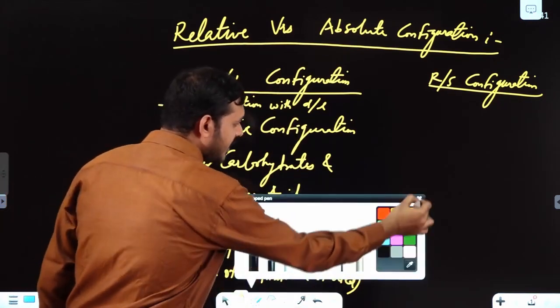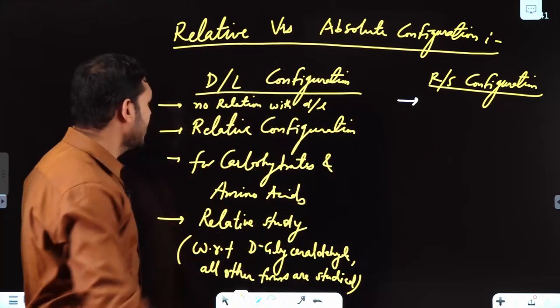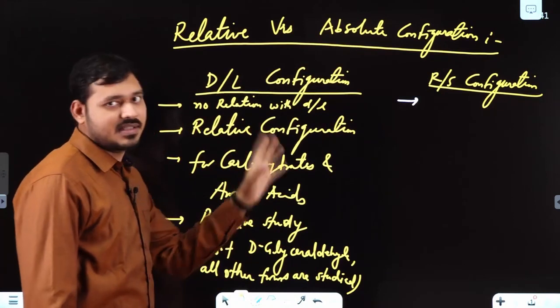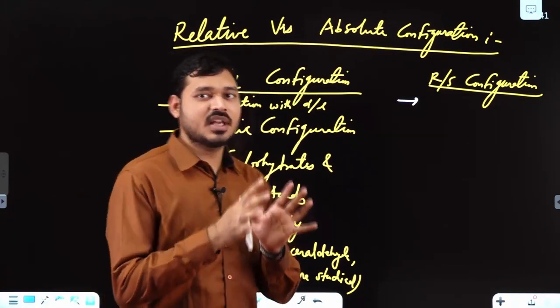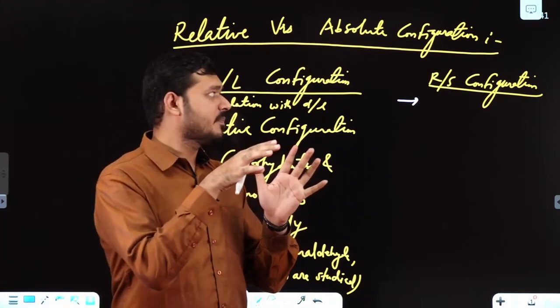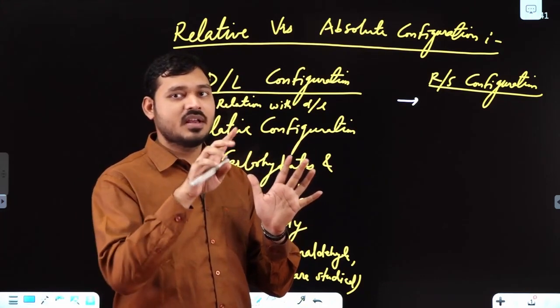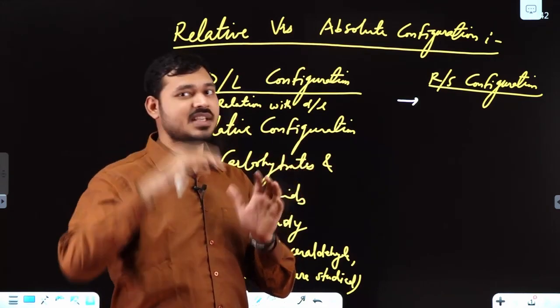What does RS configuration say? Let me compare it. It has no relation with DL. For RS configuration also, there are just two names: rectus for right side, clockwise, and sinister for left side. We mention them with respect to priority by the CIP rule.